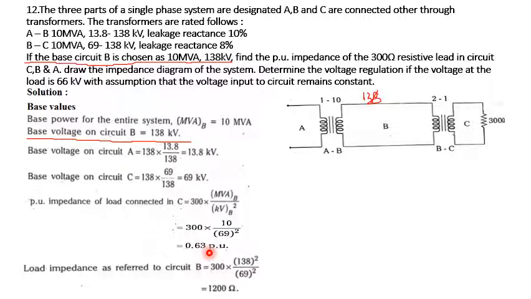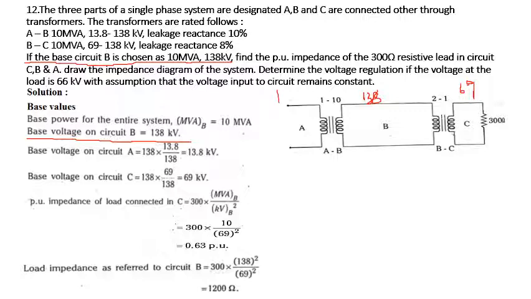This is in terms of ohm, so I have to calculate this in terms of ohm across the secondary circuit, that is the B circuit. Okay, because it is mainly depending upon the voltage ratio. Why? Because this is working at 138 and this voltage is at 69, and this is at 13.8.